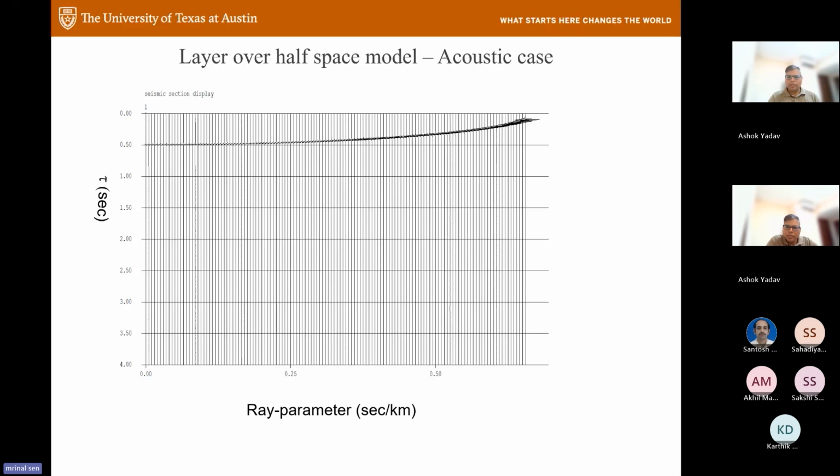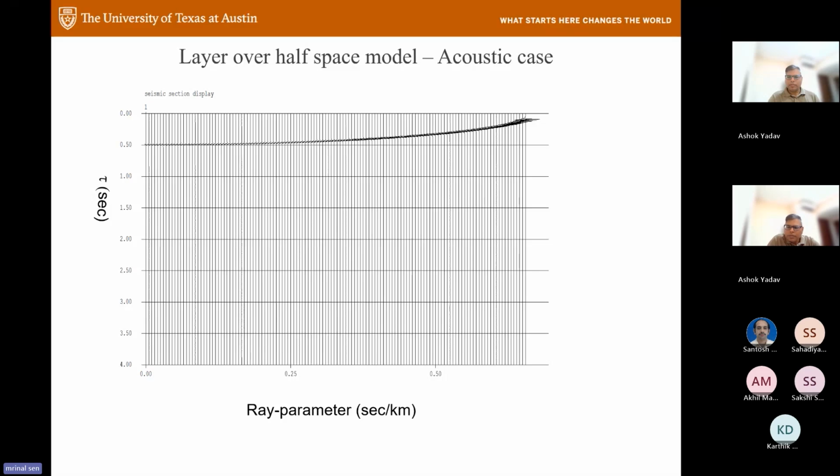What else do you notice here? Do we see a change in amplitude? Yes, the amplitude is also changing. How is it changing? It is increasing from left to right. Yes, okay.